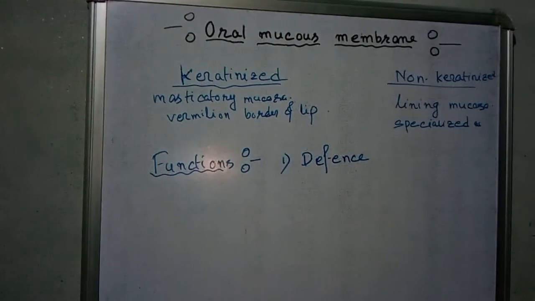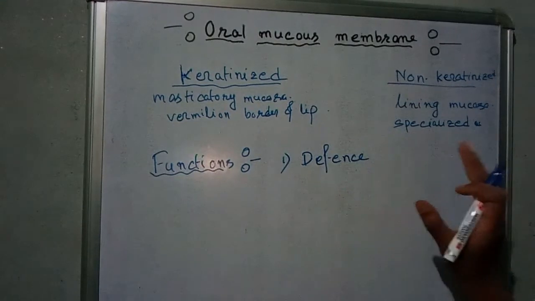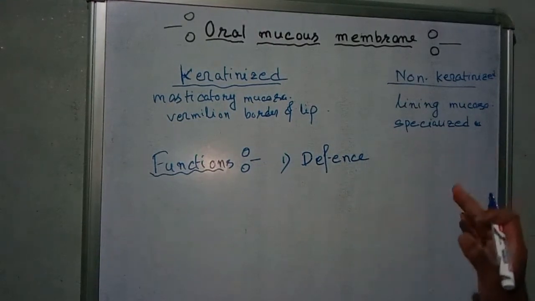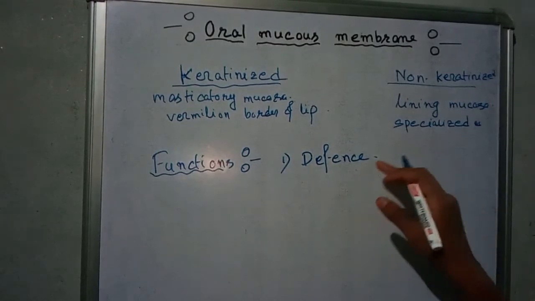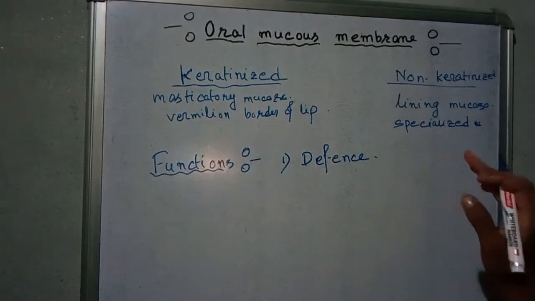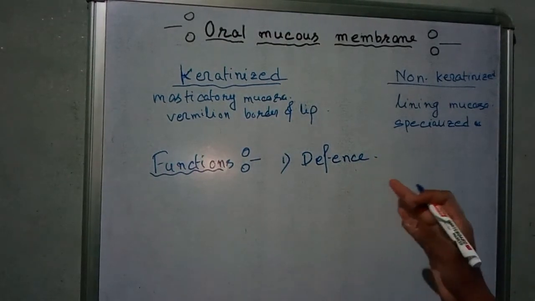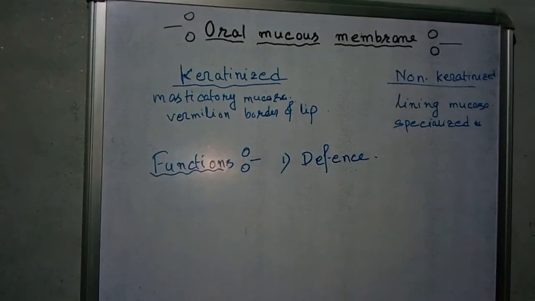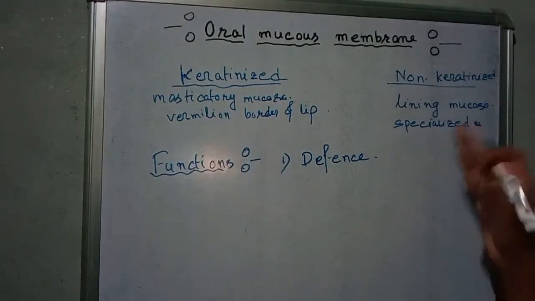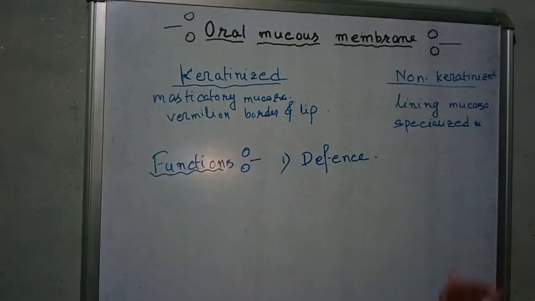For defense, the oral mucous membrane prevents the entry of microorganisms and their toxins, and in this way it protects the mouth.